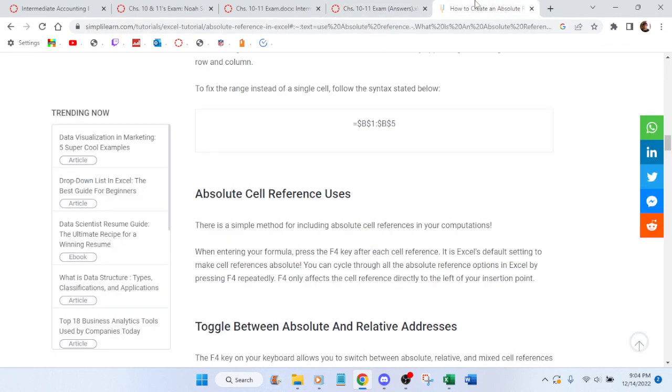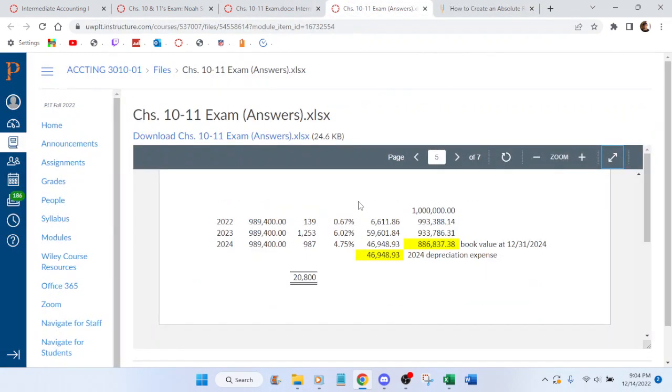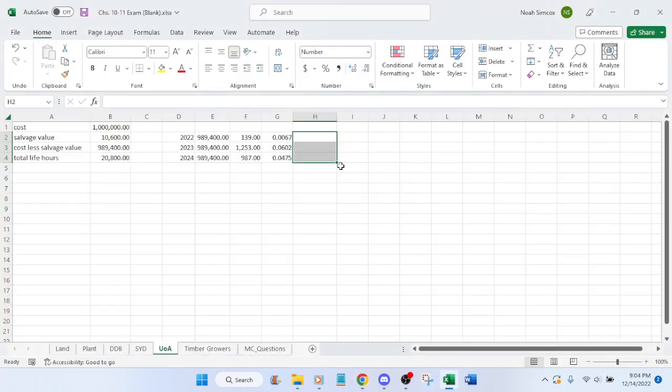I have to look this up, because I'm doing it differently than I did it. You know the way I did it, which is much simpler? Instead of calculating the percentages, just push the total life hours in here.